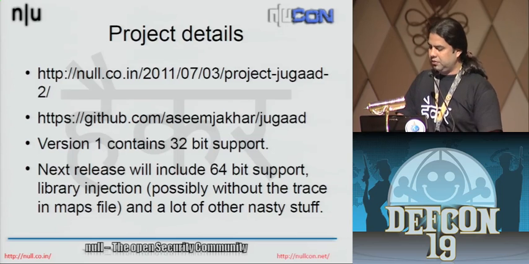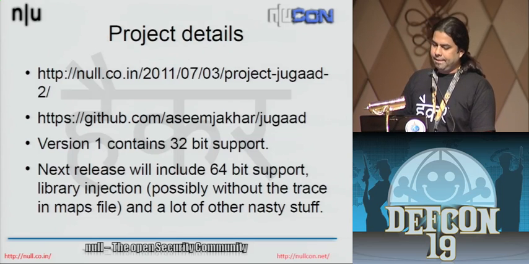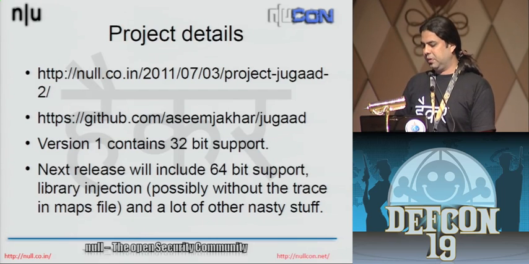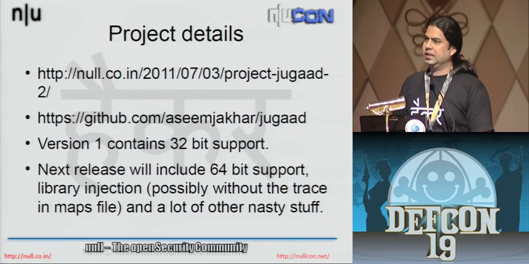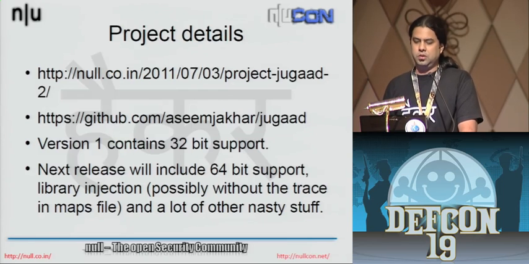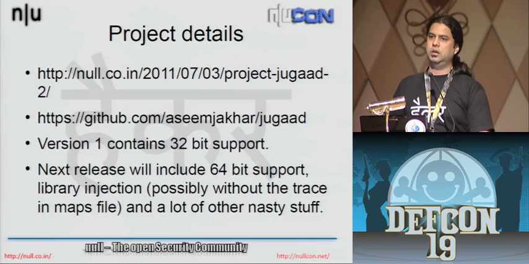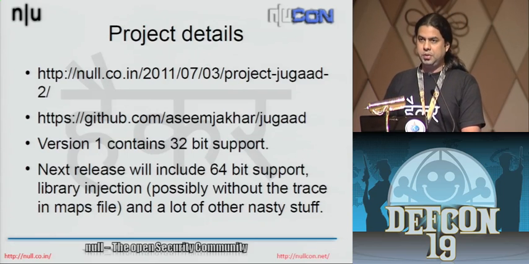From the next version onwards, we'll be putting in support for 64-bit processes, and since we've already created this, we might put a lot of other things like VM detection or anti-forensics into it. So if any of you is interested in helping out, or just letting us know what all we can add other than just the thread injection part, it'd be helpful.